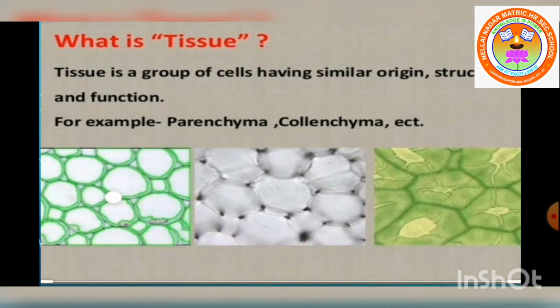Tissue is a group of cells having similar or dissimilar origin, structure, and perform a common function. So tissue is nothing but a group of cells having similar or dissimilar origin, structure, but perform a common function. So this is only called a tissue.